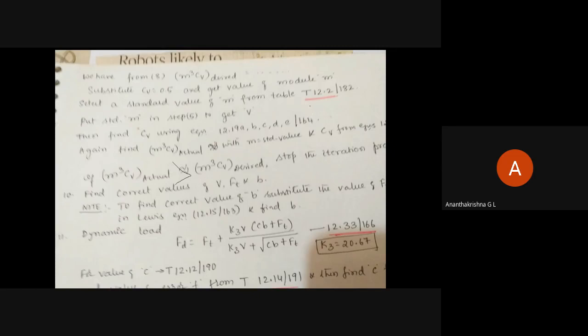Chaitanya, what is this? 12.6, no? CV equations. Sir, 12.6. Okay.